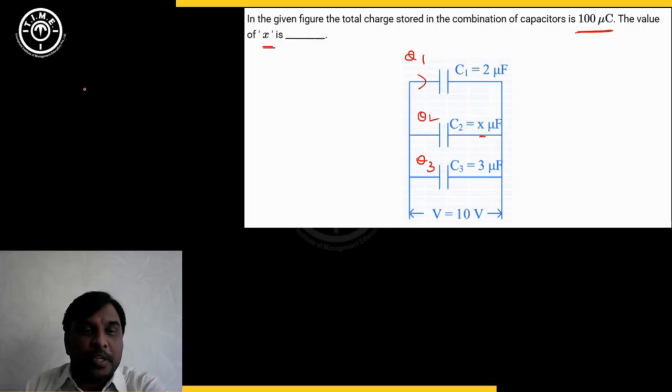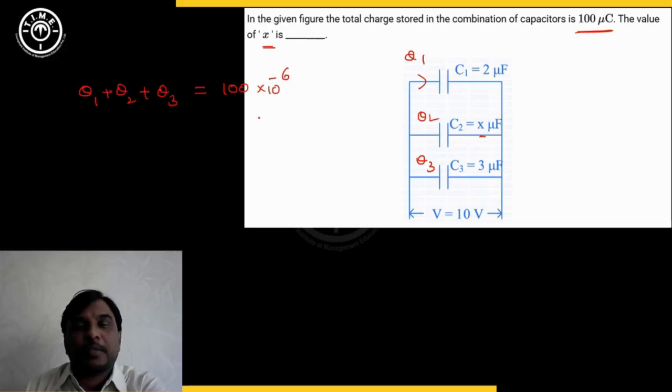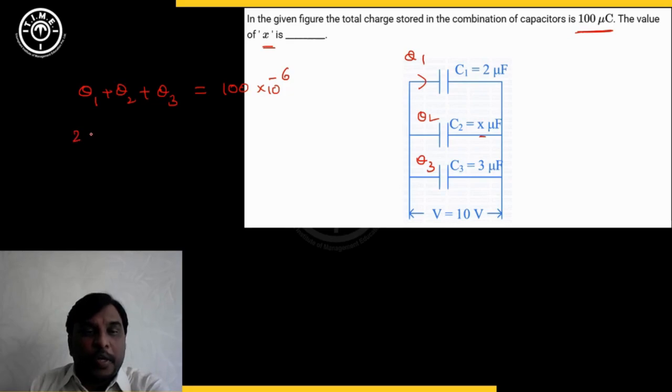He mentioned Q1 plus Q2 plus Q3 is 100 microcoulomb, 10 power minus 6. Q is equal to CV, and all are connected in parallel. So you can write 2 into 10 power minus 6 into 10, this is Q1. Simple, otherwise I can take 10 common, that is better.